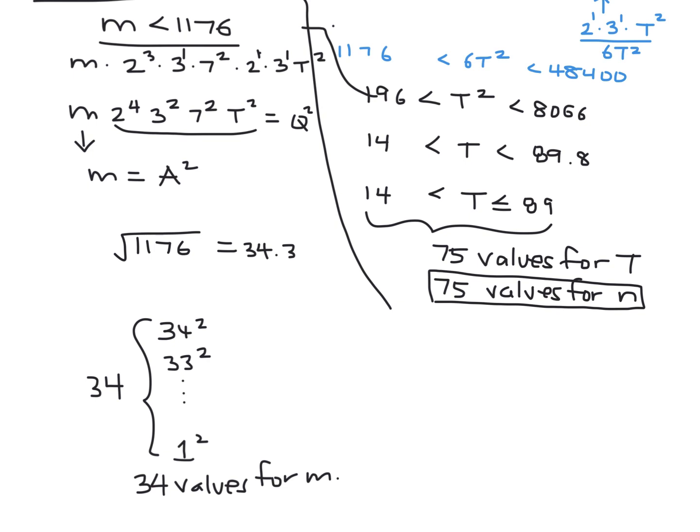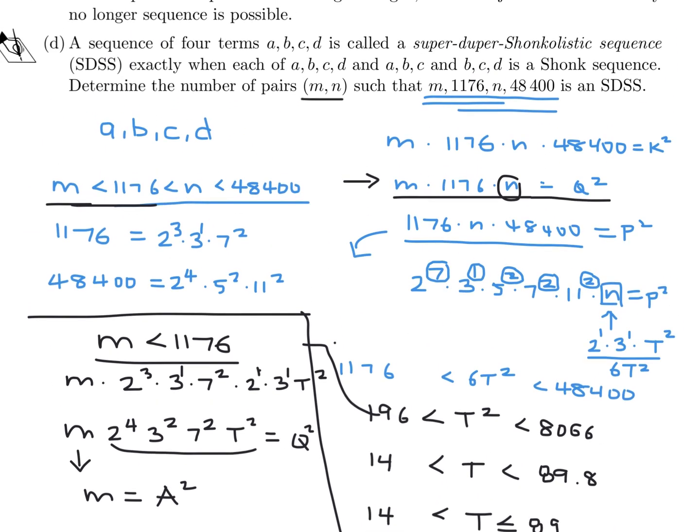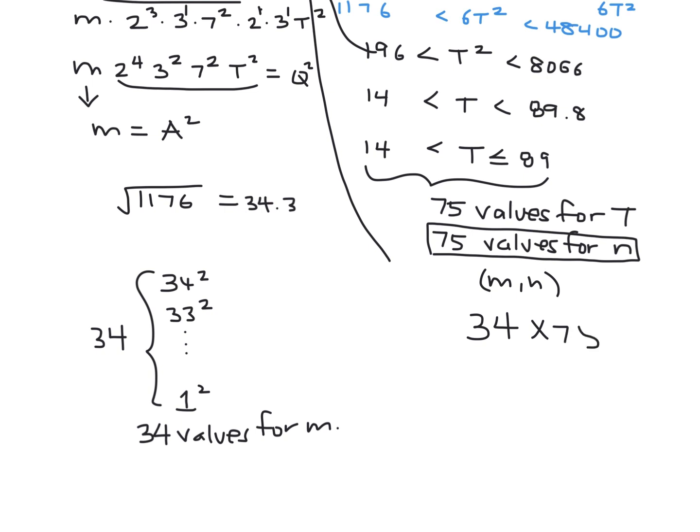Okay, so we have 34 values for m, 75 values for n. So the total number of pairs (m, n) is 34 times 75, because you have 34 values for m and 75 for n. Therefore, this is 2550. And that completes this question.